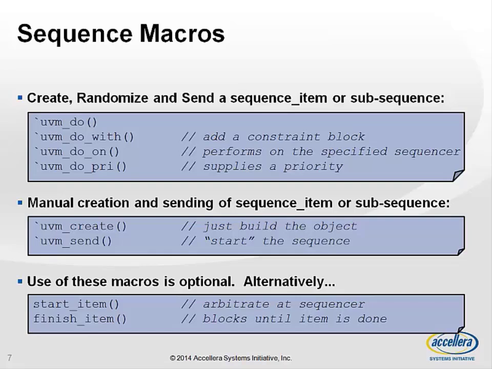There are other macros for simply creating, as you saw on the first slide, just creating a request and just sending it. So I can just create, do whatever I want to my transaction to get it ready, and then send it. In fact, if you look in the UVM do macros, there are UVM create and send macros. And if you look inside those macros, you'll see at the root bottom is the start and the finish item, like we saw before. So using these macros is totally optional.